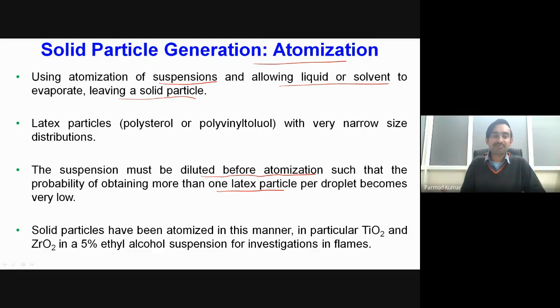So generally we first dilute our suspensions in order to ensure this condition. Apart from that, we may go for different types of solid particles, for example TiO2 and ZrO2 in a mixture of 5% ethylene glycol.